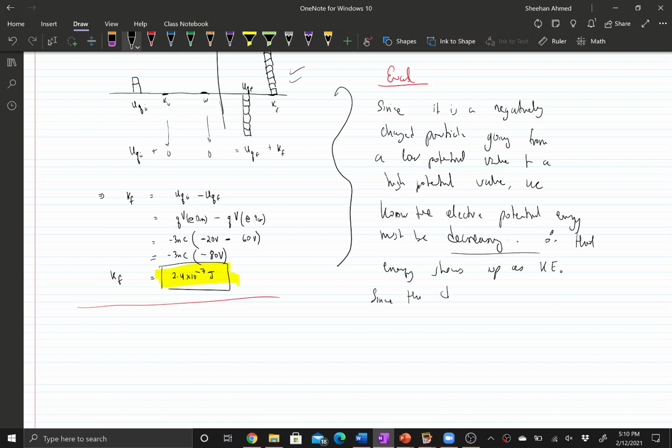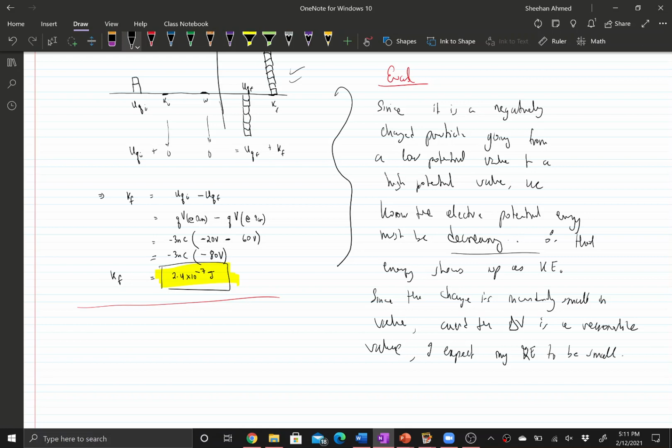Since the charge is incredibly small in value and the delta V is a reasonable value, I expect my kinetic energy to be small. So basically you're multiplying a small charge with a normal number for change in potential. I expect my kinetic energy to be small, which it is.